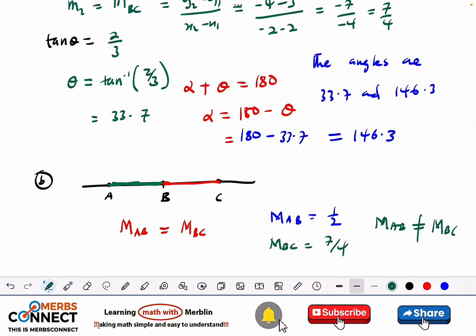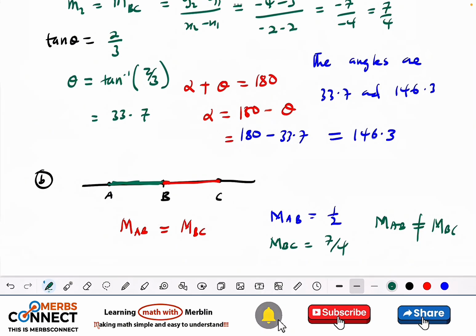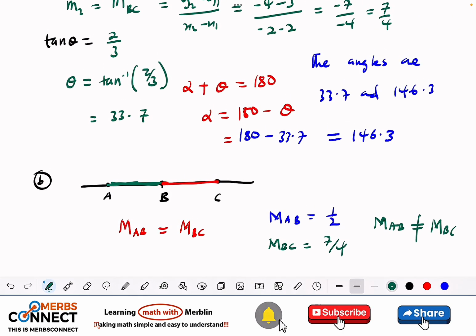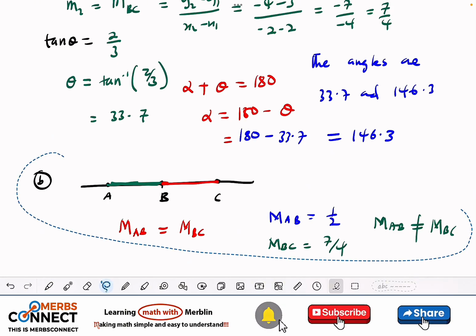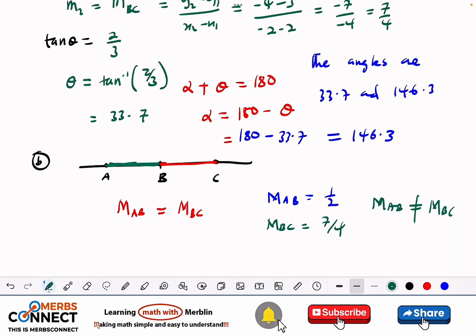So what are we going to say? We are going to say that the points are not collinear. So here I can conclude that since the gradient of AB is not the same as the gradient of BC, the points A, B, and C are not collinear.